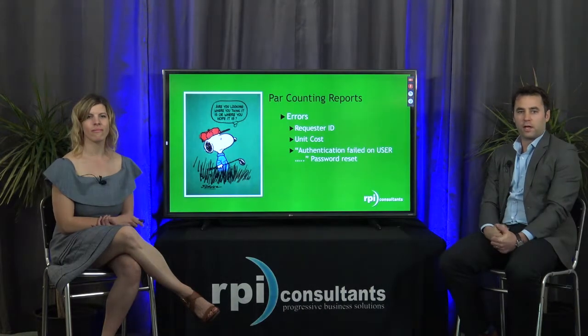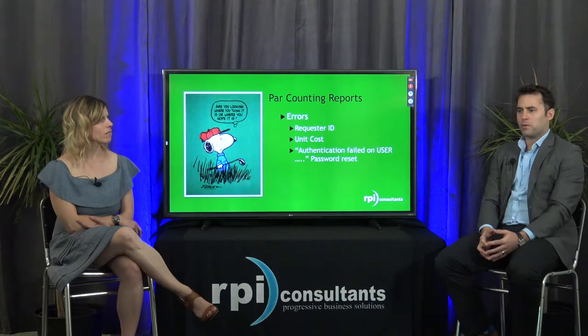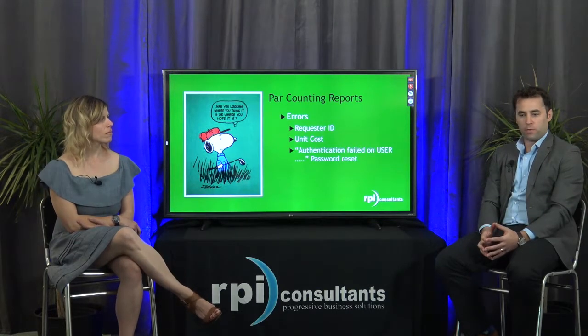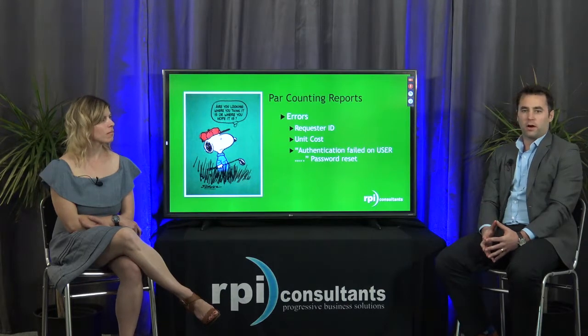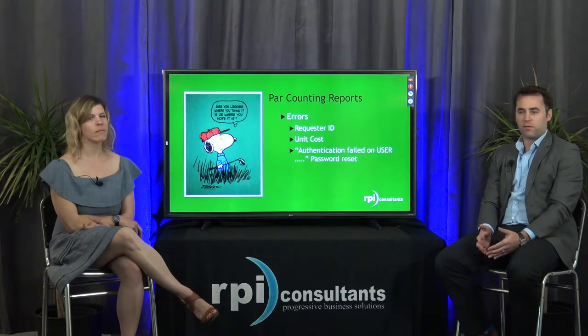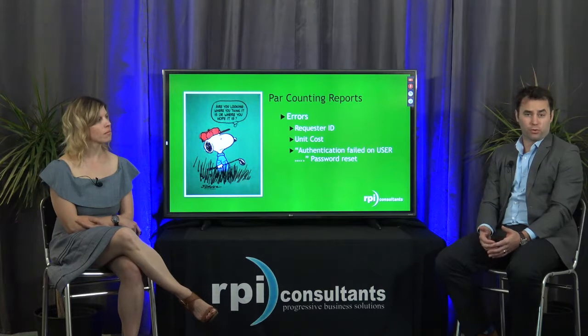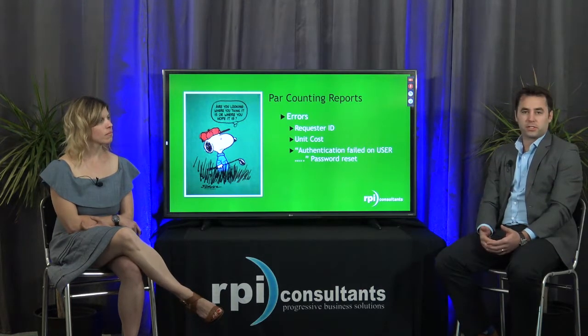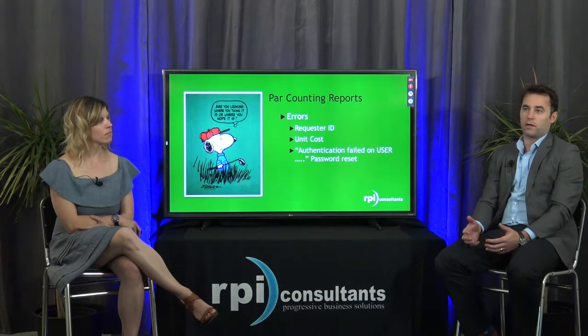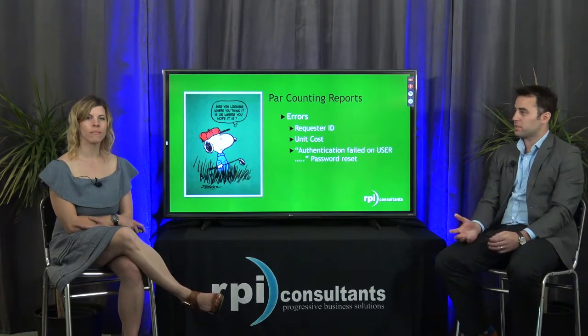All right, so with par counting, there are some common errors that you typically see. And most of them come up when you're first implementing mobile supply chain, the par counting. The most common one is the unit cost. So if you're adding new items, they're not on a PO25 agreement, or they just haven't been ordered or received yet, you'll get an error message on the upload saying there's an upload error, and that's what Stephanie was saying earlier.